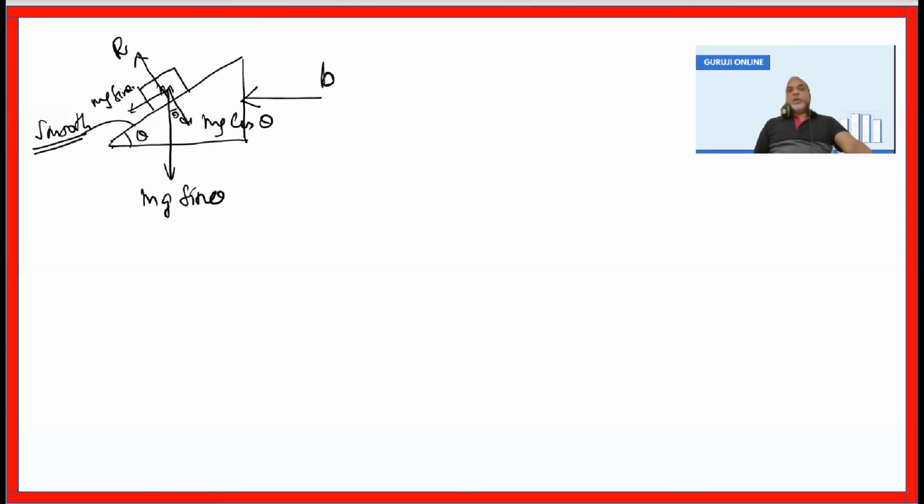Now, what will change on this block if you make the free body diagram? On this block, there will be a force like this due to this acceleration, the mb force on this. Correct?